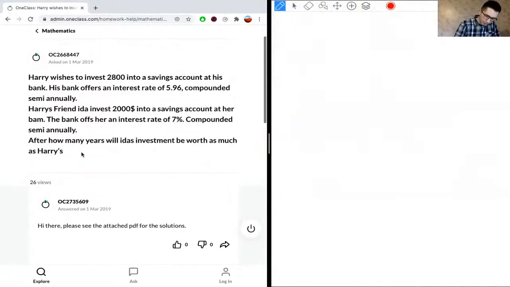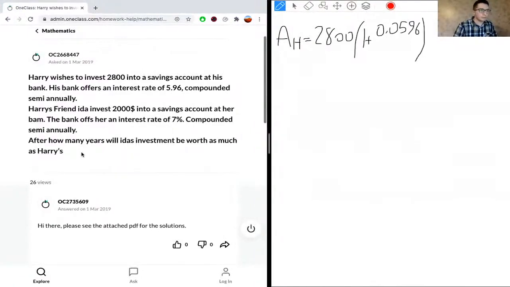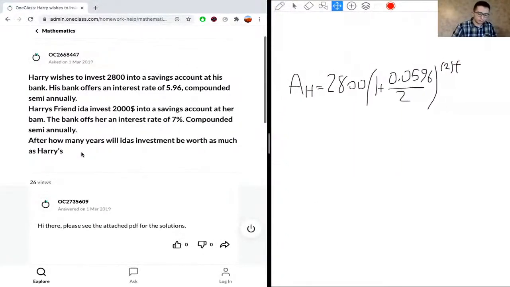So we know AH is equal to the principal, which is 2,800. Let's double check. Yep, 2,800 for Harry. And then we have times (1 plus 0.0596 divided by 2) to the power of 2t. So that's for Harry.